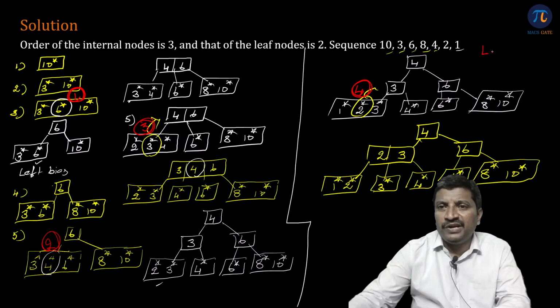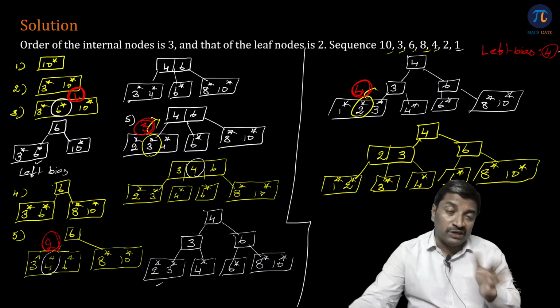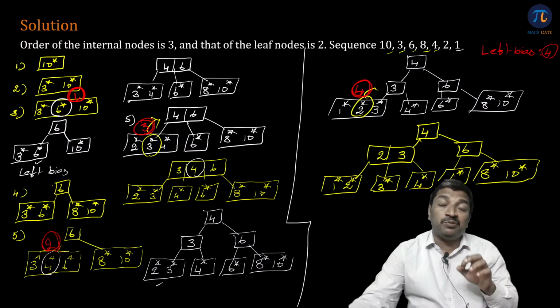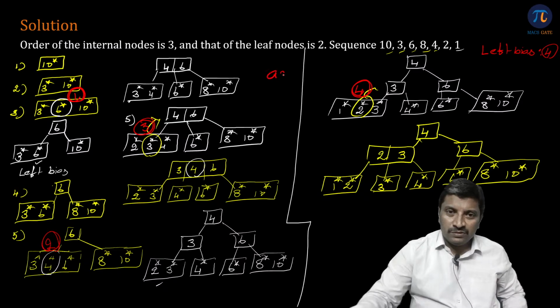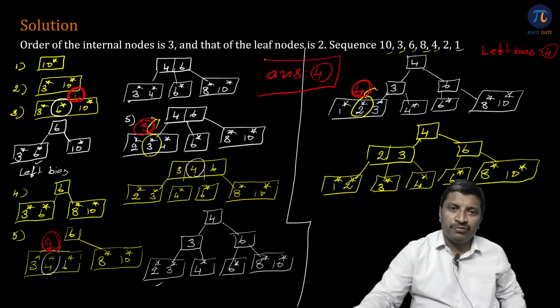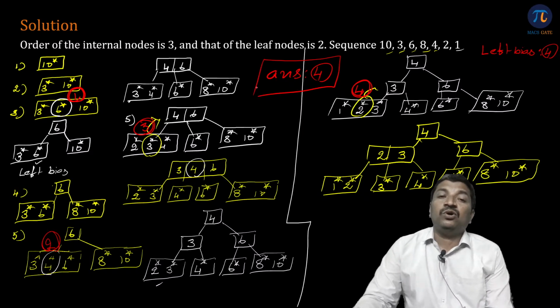So whenever you maintain left bias, how many you got, sir? 4. Whenever you maintain right side, you got 3. So the maximum number of splits in leaf nodes will be 4. So what is the answer for this question, sir? That is 4. Hope you understood it.